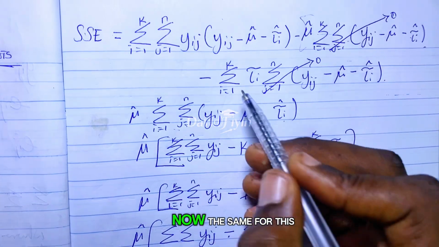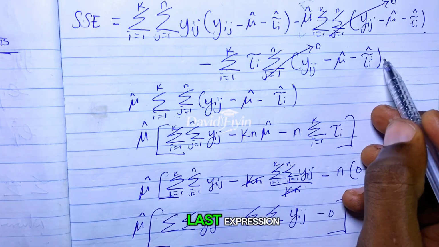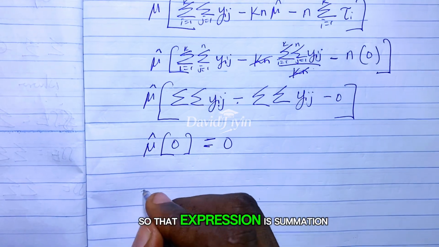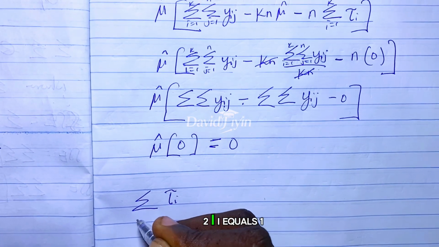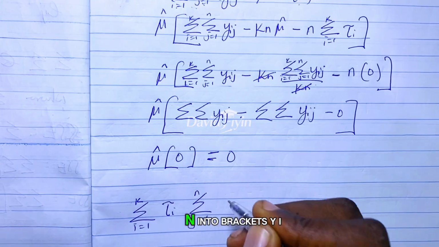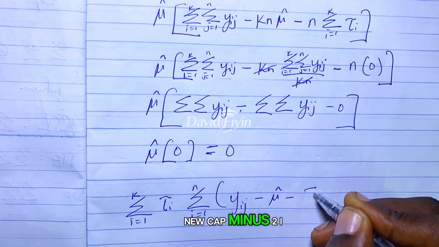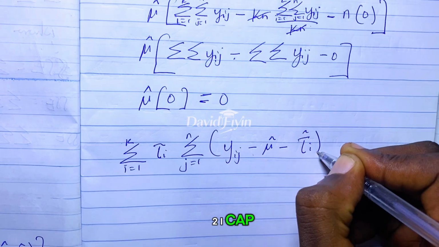So it cancels out. Now the same for this last expression, we have to evaluate it, which will also give us 0. So if we evaluate this last expression, let's go through that. That expression is summation i equals 1 to k, summation j equals 1 to n into bracket yij minus mu cap minus tau i cap, close brackets.